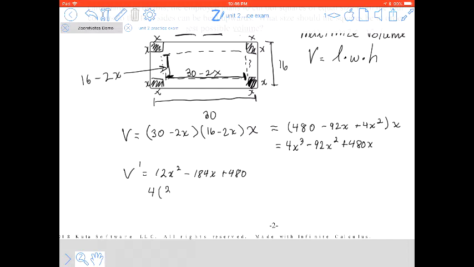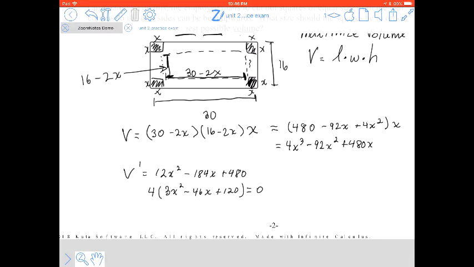We can take a 4 out of that, and then set it equal to 0.